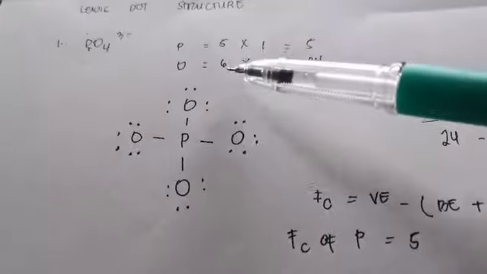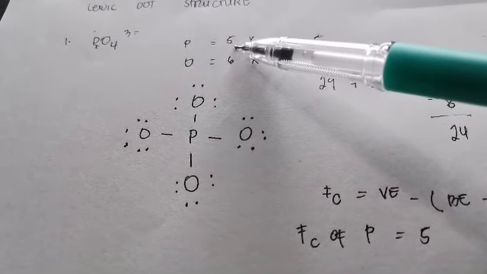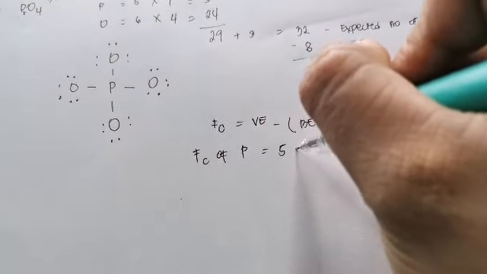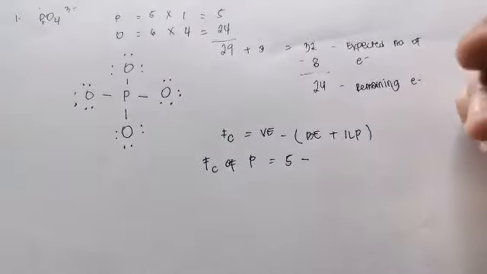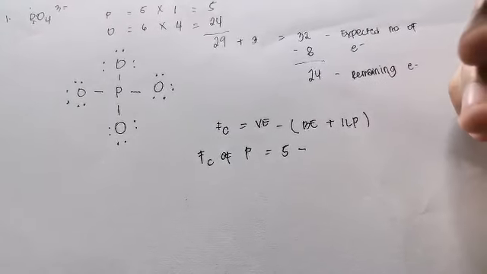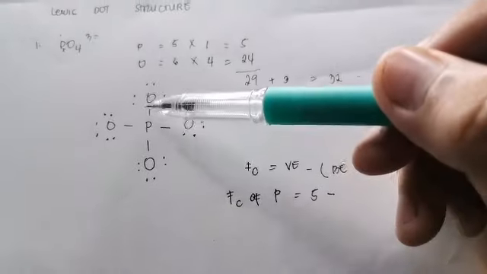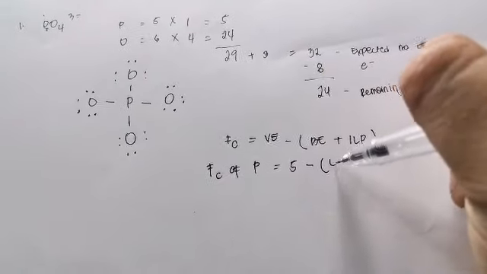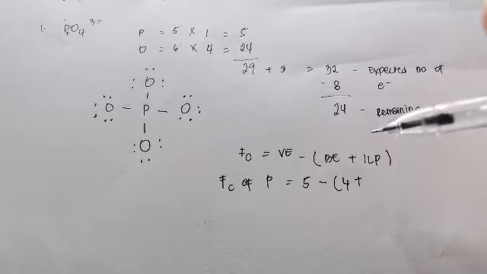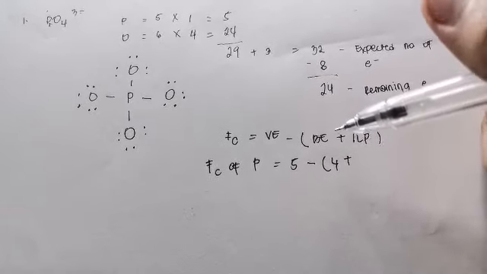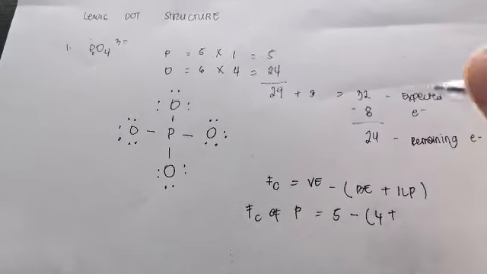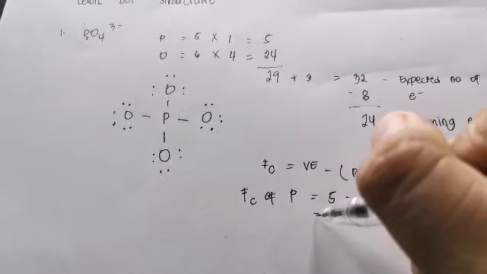Okay, going back to your valence electron of phosphorus. Okay, so now is minus. How many bonded electrons do you have? Okay, in phosphorus you have 1, 2, 3, 4. So right there, 4. Plus the individual lone pair. Since you don't have any individual lone pair for the phosphorus, so put there 0.